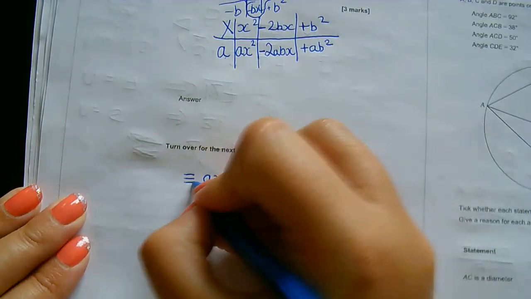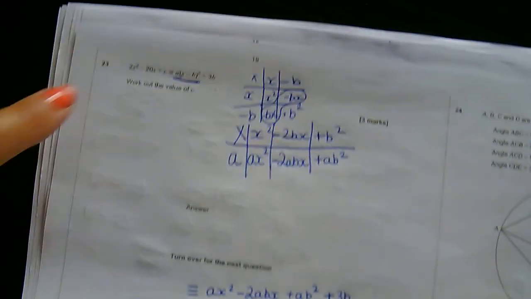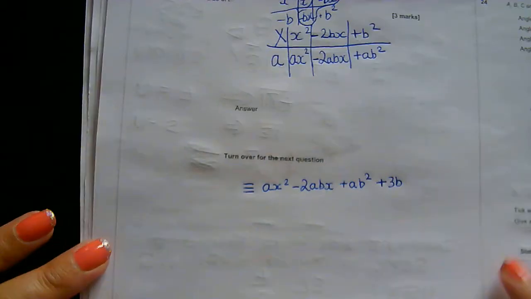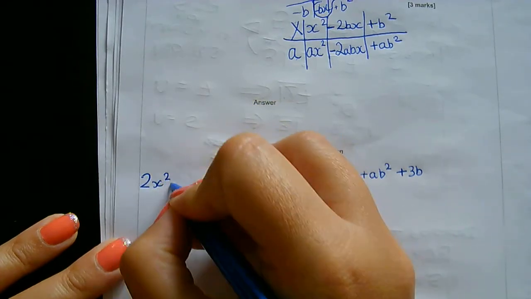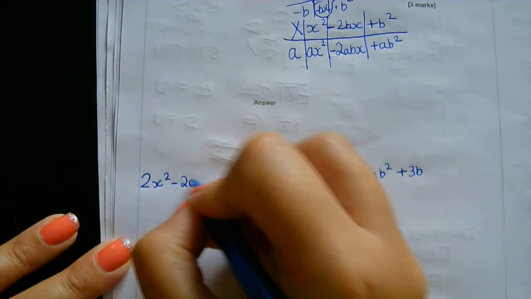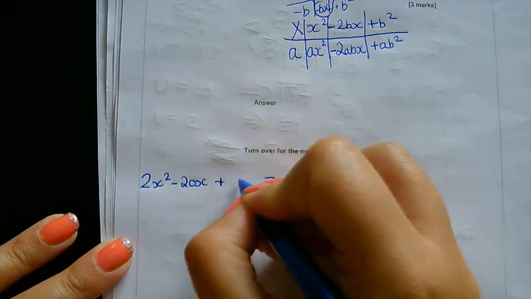So this is supposed to always be equal to, so I'm just bringing it back from the question, 2x squared minus 20x plus c.